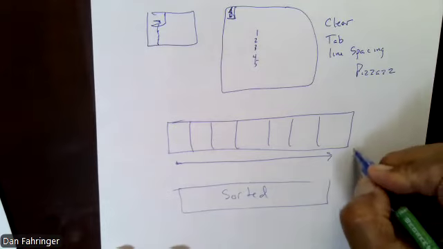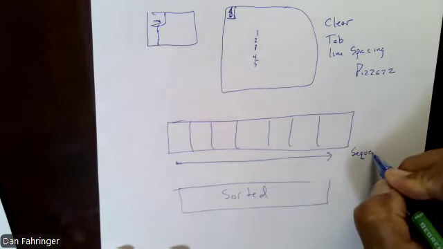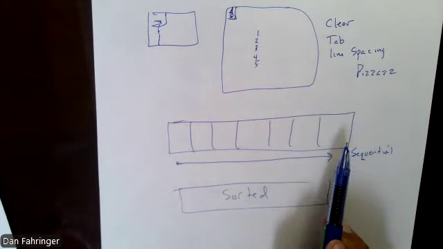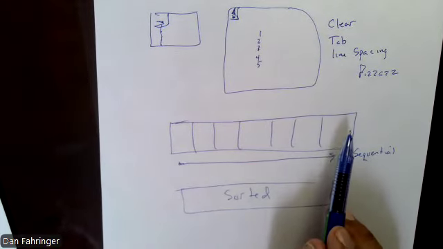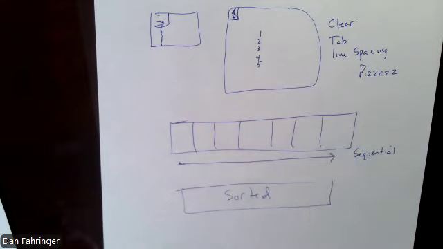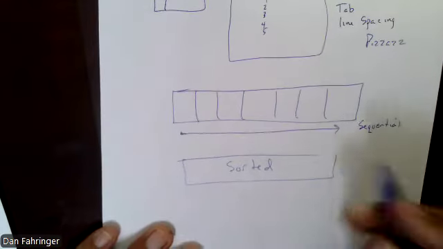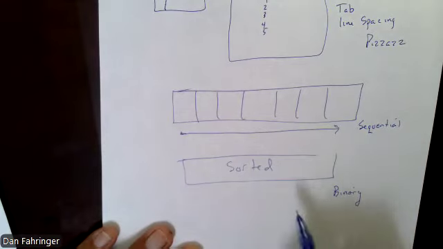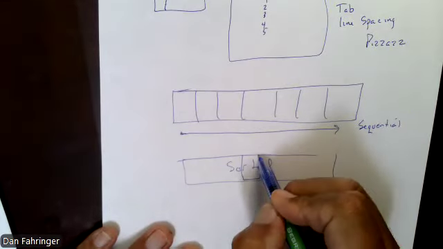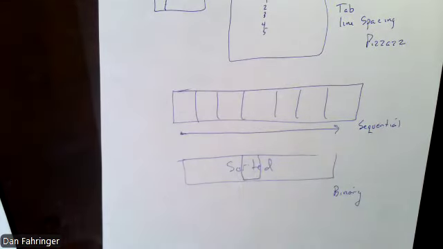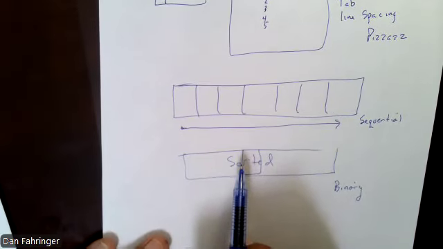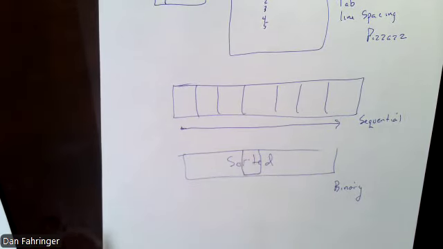Instead of sequential, which stank because the worst case scenario is the item was last in the list or not in the list at all, we had binary search. To do that, we went to the middle one and played a little bit of a game of higher or lower. Was it higher or was it lower? But we had to sort before we could search.